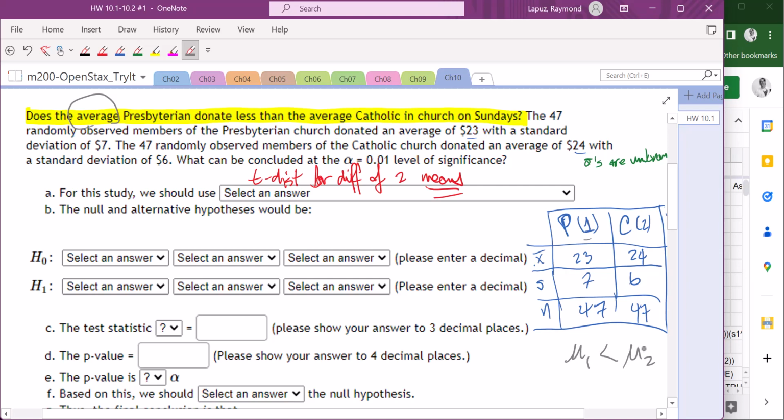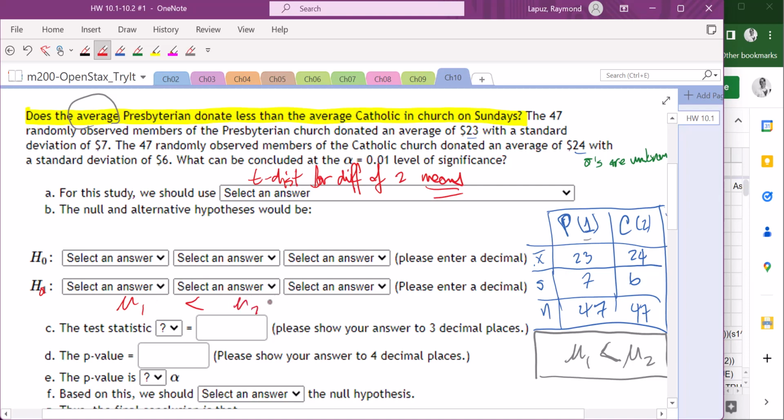So this is going to be our claim. And this has to fit to either H0 or H1, and this does not contain a condition of equality, so I believe that's going to be H1, or H sub A, as we've been calling it, the alternative hypothesis. So that's mu1 less than mu2.